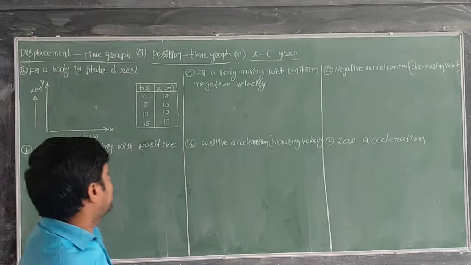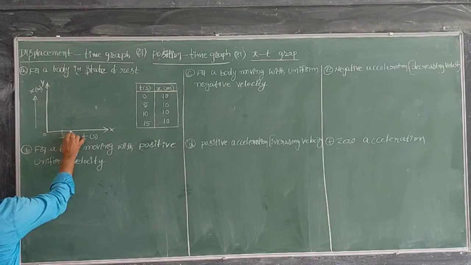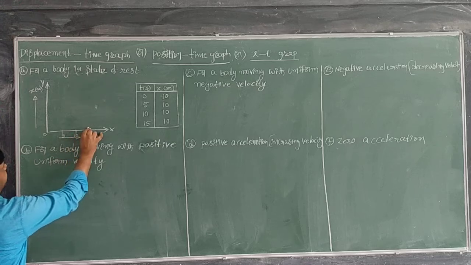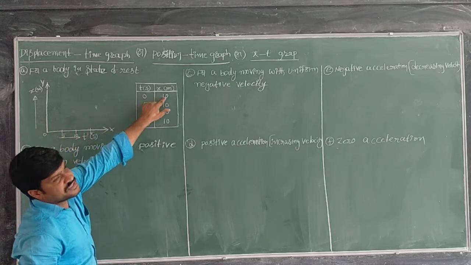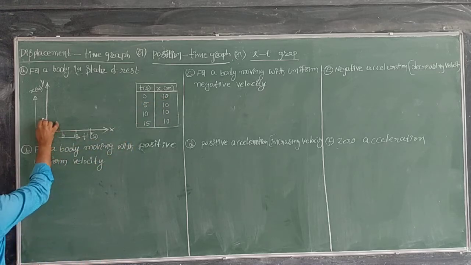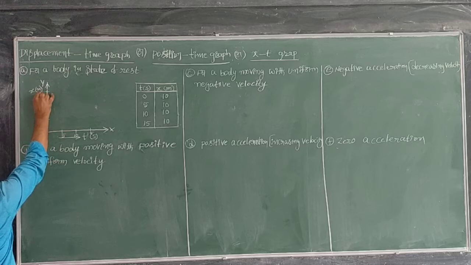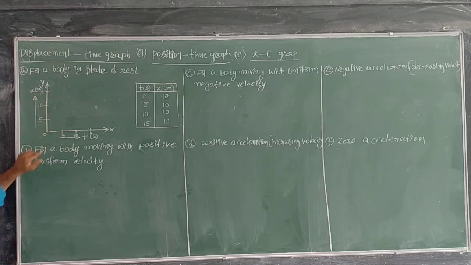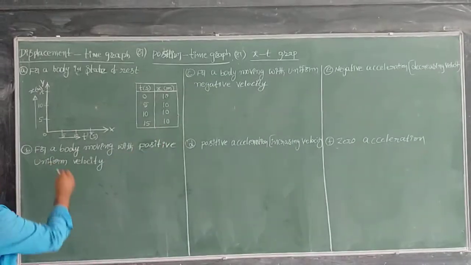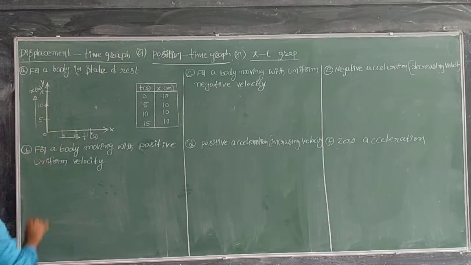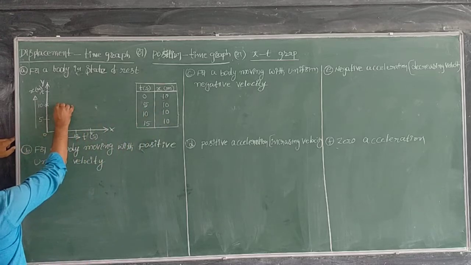Now take 0 seconds, 5 seconds, 10 seconds, 15 seconds. For 0 seconds, the position is 10 meters, so you take it here. For 5 seconds, the position is 10 meters.